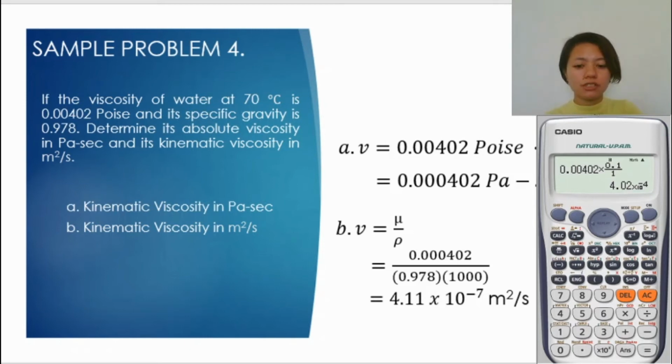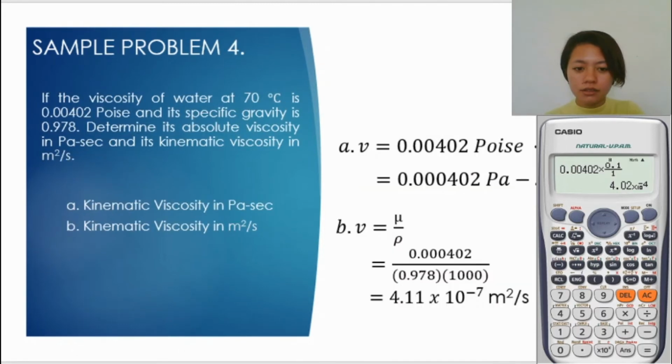So, muna itong kinematic viscosity in terms of Pascal seconds. So, na naman tayo nakuha nga viscosity, gamiton nato ni siya as absolute viscosity para sa atong kinematic viscosity in meters squared per second for letter B. So, gamitin nato si 0.00402 over ang atong specific gravity kay 0.978.